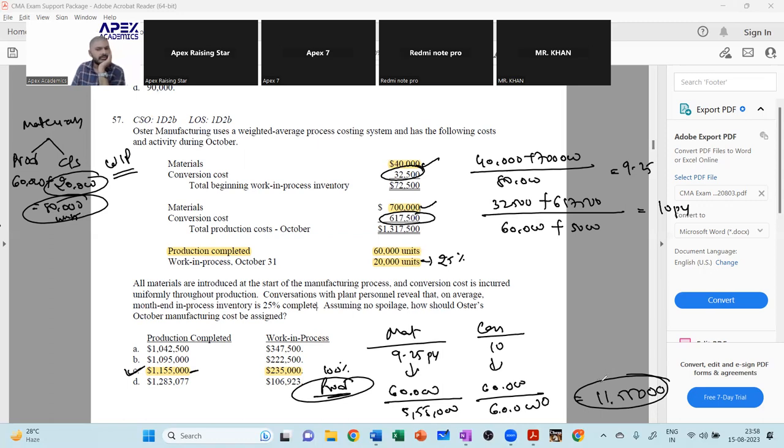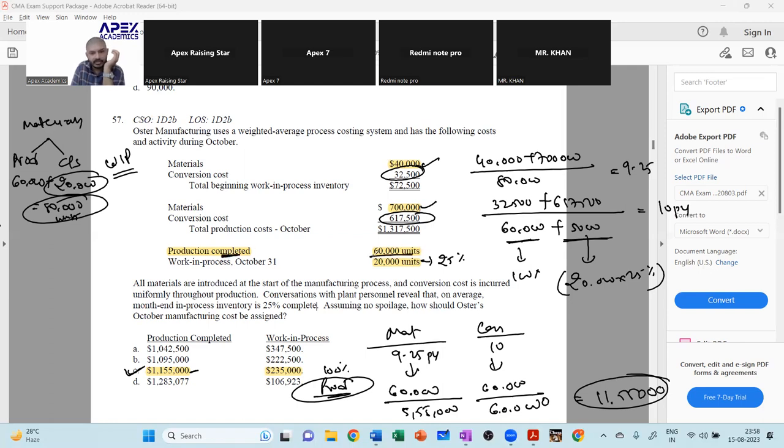In the 20,000, 25% is completed. Why have I not taken the 5,000 units? Yeah, because this is 20,000 multiplied by 25%. This much is ready. So in the conversion, 60,000 is fully ready. This is 100% ready.